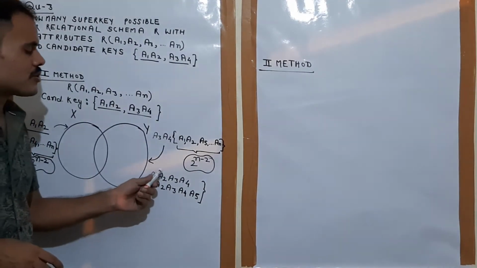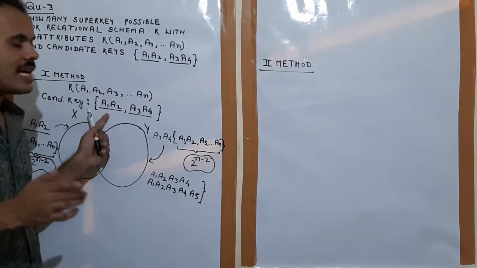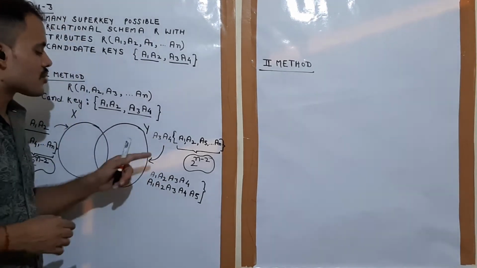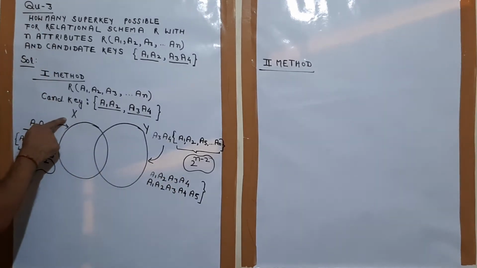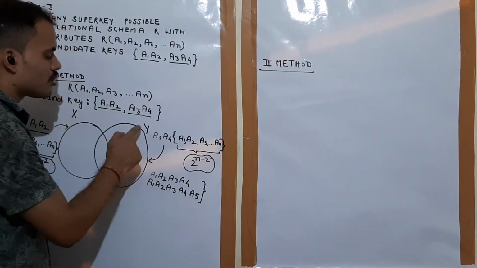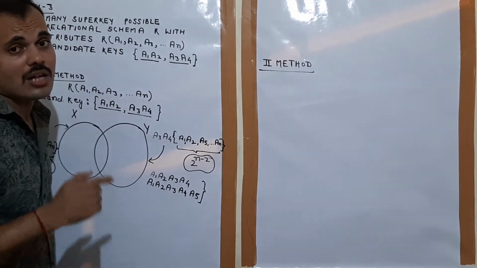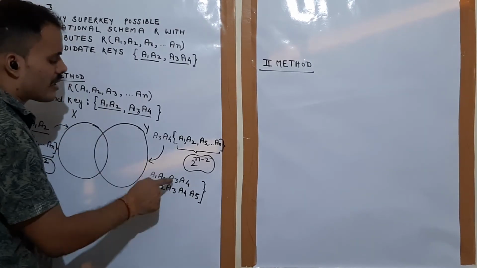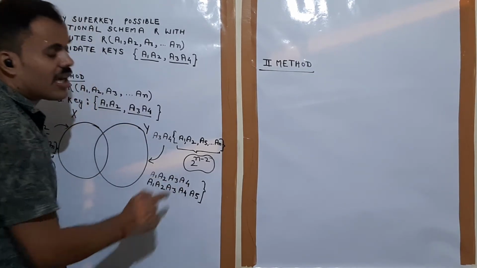See, A1, A2, A3, A4 contains the first candidate key. The first candidate key is A1, A2, so A1, A2 is present here. So this is a super key which belongs to the set X. And this super key also belongs to the set Y. Why does it also belong to the set Y? Because it also contains the second candidate key, A3, A4.